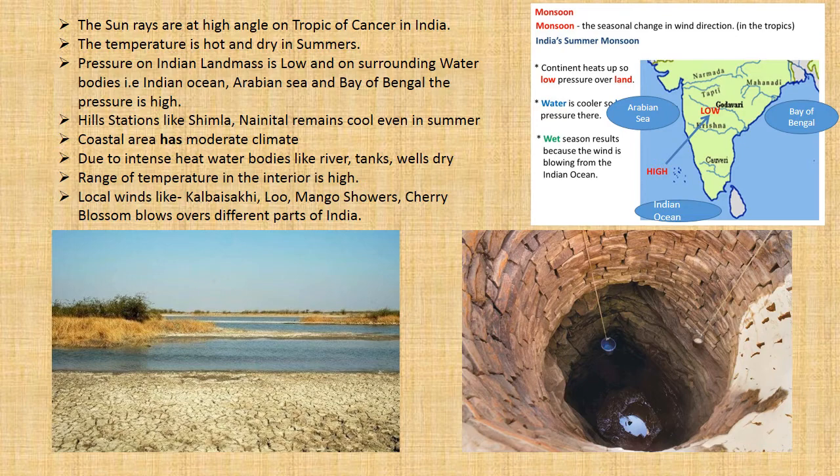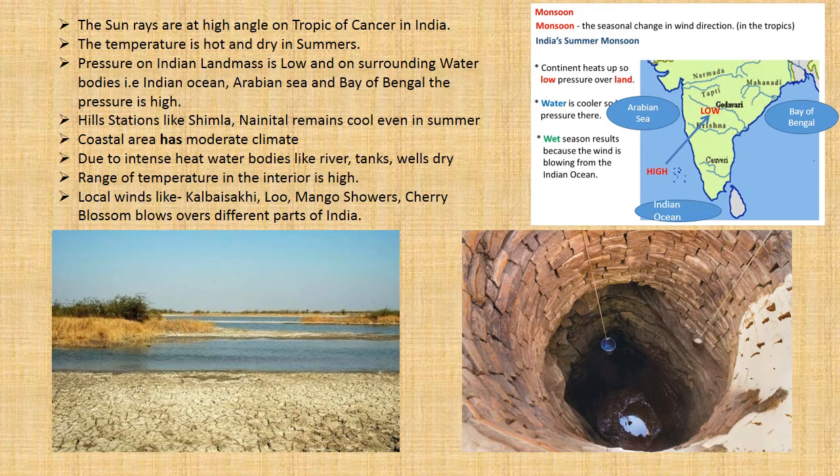Low pressure is developed over the land mass and high pressure is developed over the surrounding water body. We have the Arabian Sea, Indian Ocean, Bay of Bengal surrounding the peninsular part of our country. Due to the differential heating of water and land, low pressure is developed on the land mass and high pressure is developed over the water body.